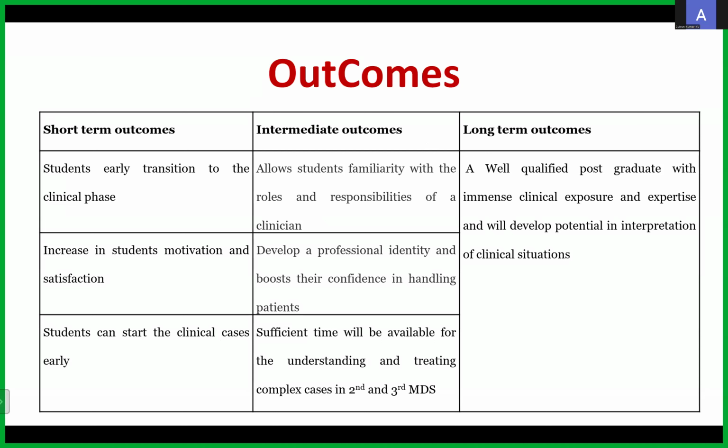Okay. Ma'am, my second intermediate outcome would be to develop a professional identity and boost their confidence in handling patients. And also the last one is sufficient time for understanding and treating complex patients in second and third year. Okay.